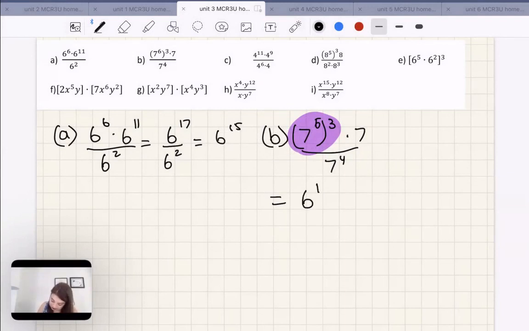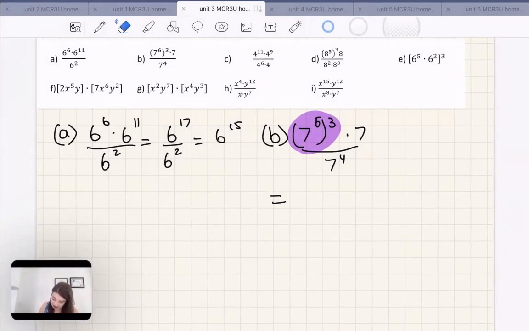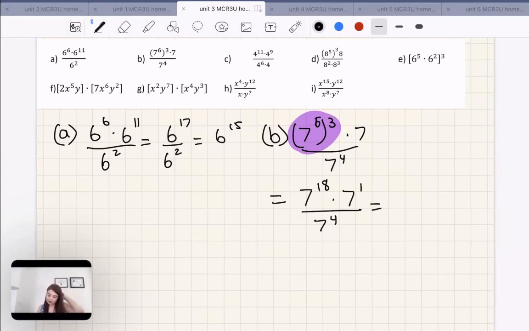So we're going to get 7 to the 18 times 7, which 7 is same as 7 to the 1 over 7 to the 4th. Okay, then we're going to add up our exponents 18 and 1 because we're multiplying two of the same base. So 7 to the power of 19 over 7 to the 4. And this is equal to 7 to the power of 15. So that's our final answer.